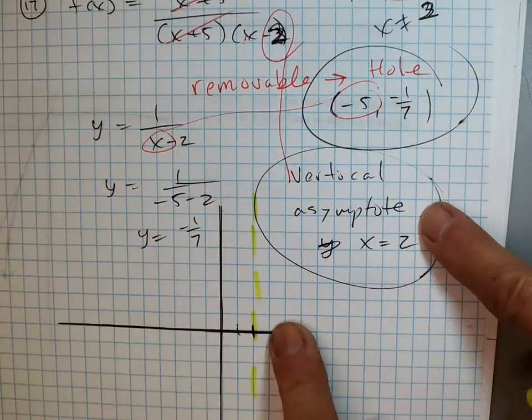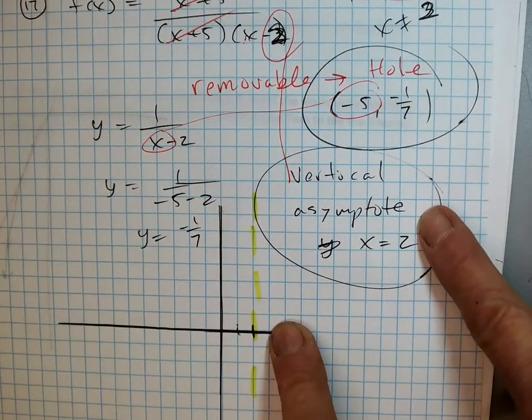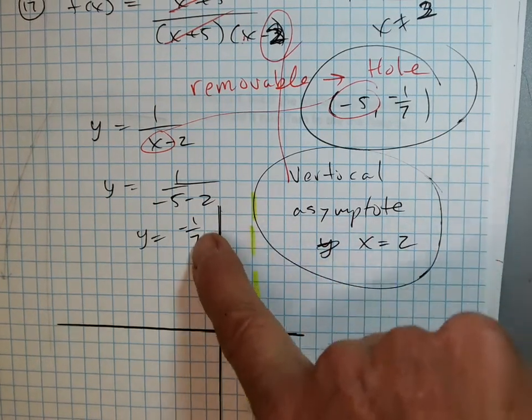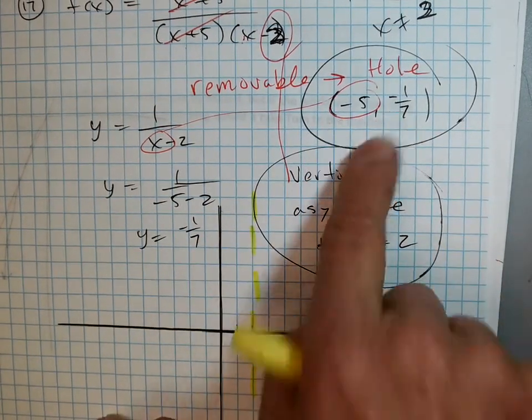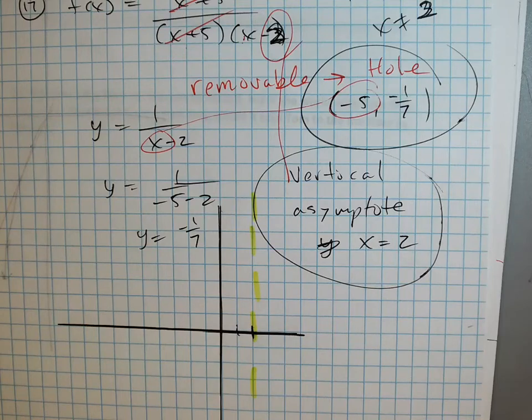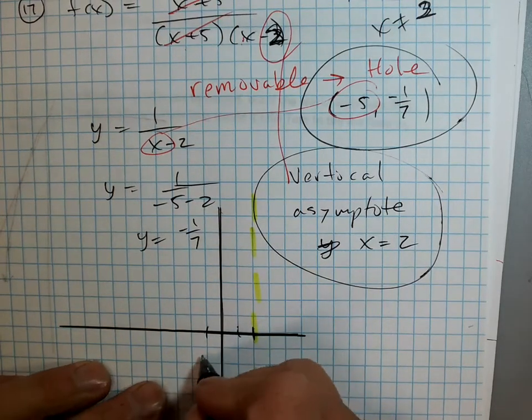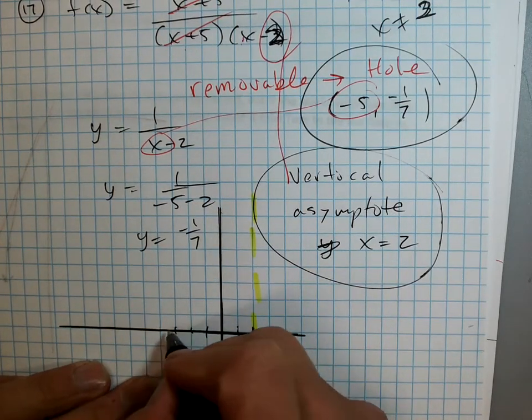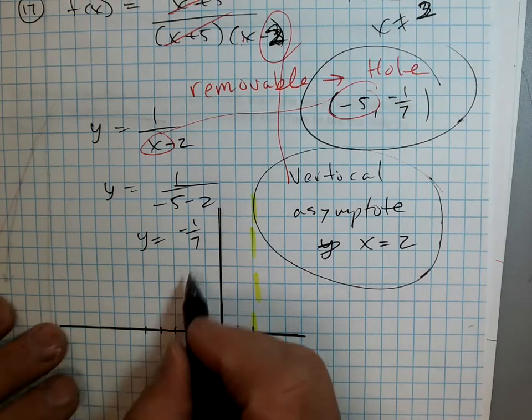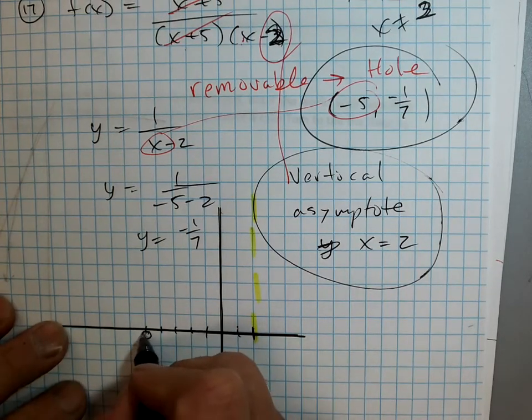And I might have a hole at negative 5 1/7. So I know for sure I'm going to have a hole right about there, okay?